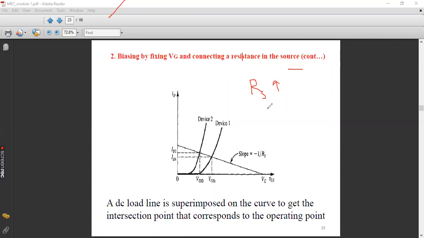Then the slope will decrease, correct? Because the slope is 1 by Rs, it is inversely proportional to Rs. So if you are taking a larger value of source resistance, then the slope of the DC load line will decrease.